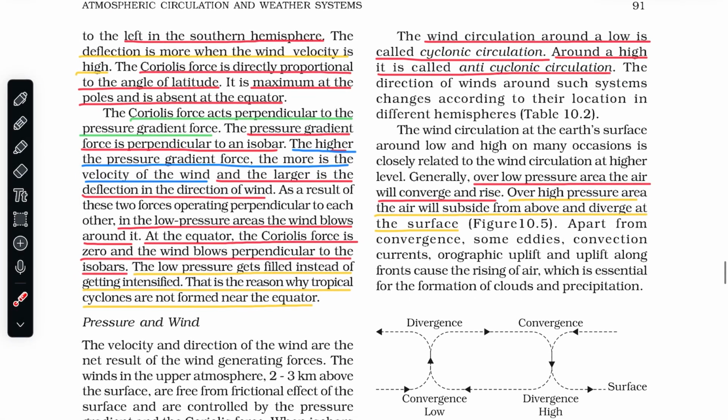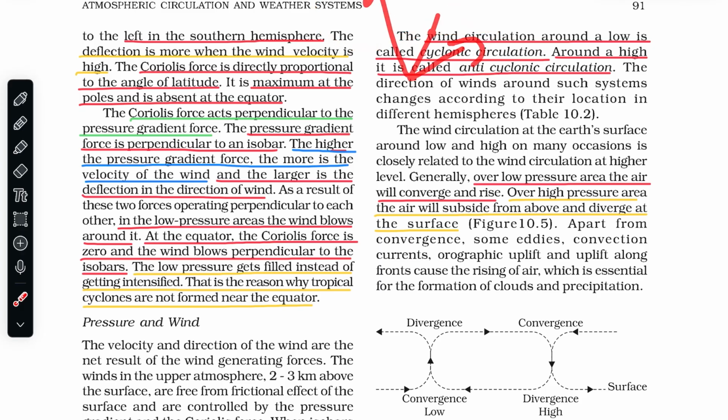As a result of these forces operating perpendicular to each other, in the low pressure areas, wind blows around it. For two vectors, which have speed and direction, the resultant will move around it.